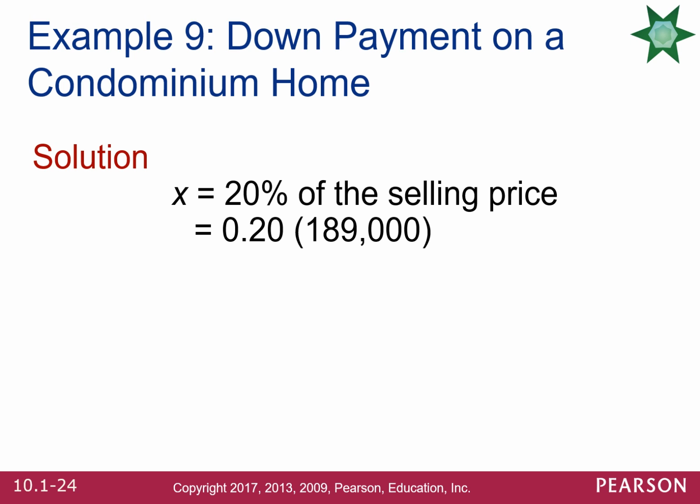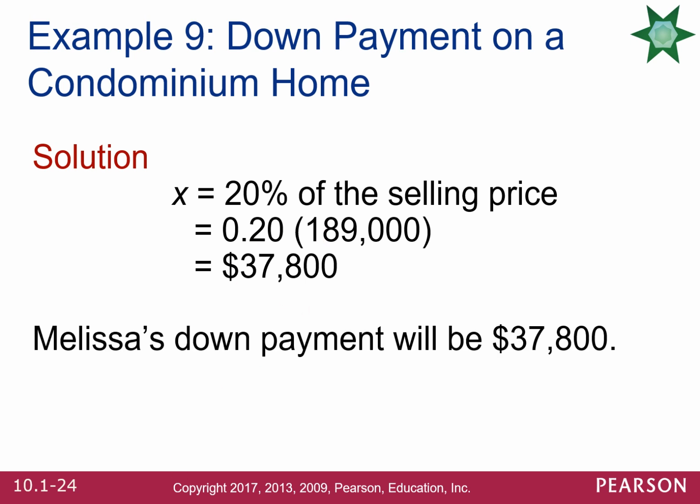They converted 20% to 0.20 by dividing it by 100, and multiplied it by 189,000 to get a value of $37,800, and that is the down payment that Melissa will have to pay.